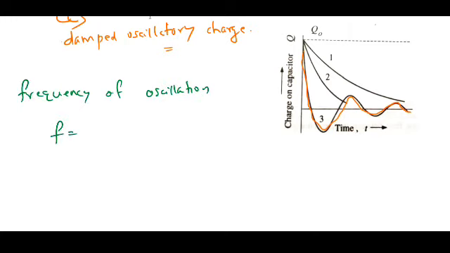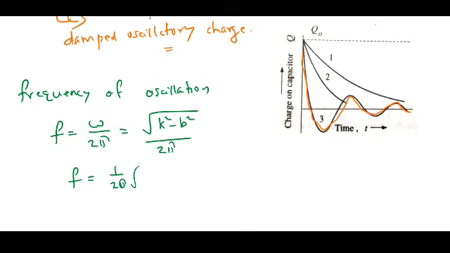That is given by f is equal to omega by 2 pi. This omega is root of k square minus b square, divided by 2 pi, or f is equal to 1 by 2 pi. Substitute the value of k square, that is 1 by LC minus R square divided by 4L square.